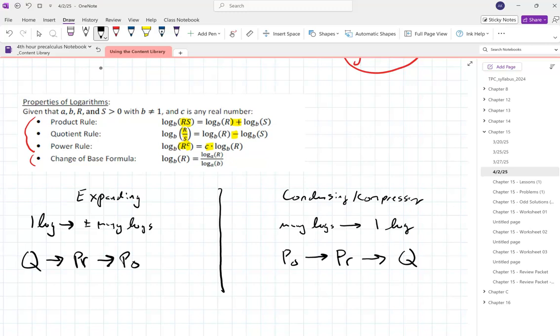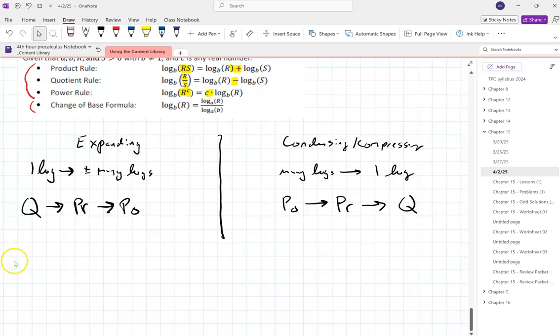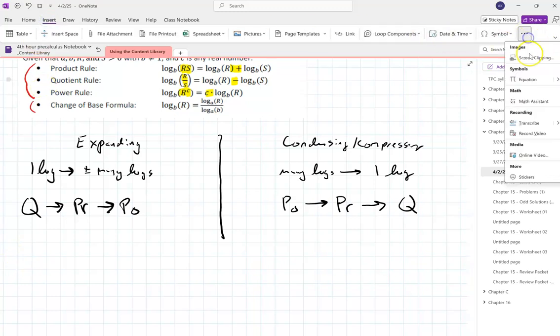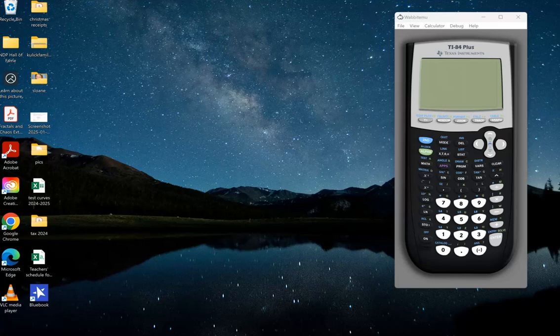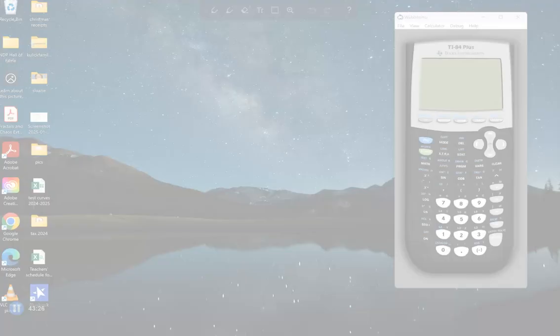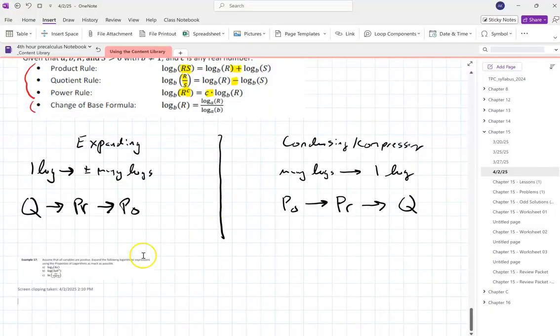And I say usually because if there's a parenthesis or something in there that's telling us that we should be doing something in a different order, maybe you have to account for that. But in general, that's the idea. So we're just going to do a couple of examples of each type of problem. And then I'm going to show you some stuff on the calculator and we're done.